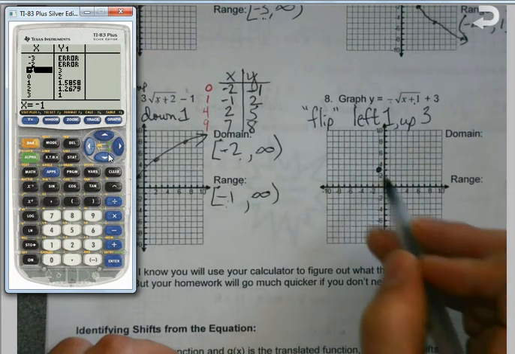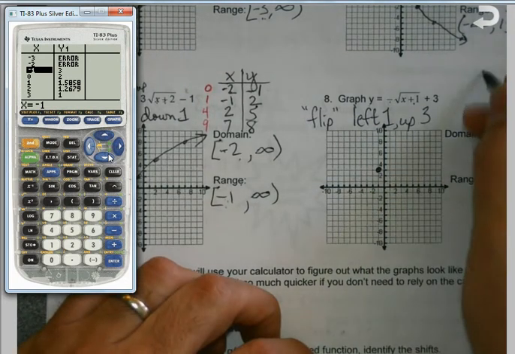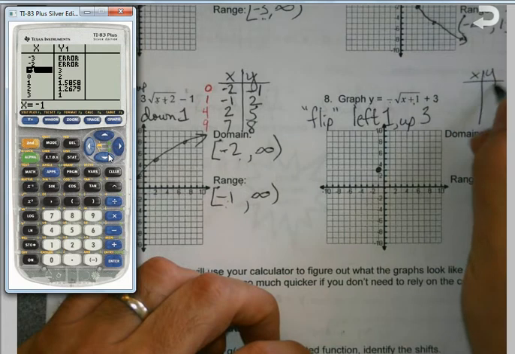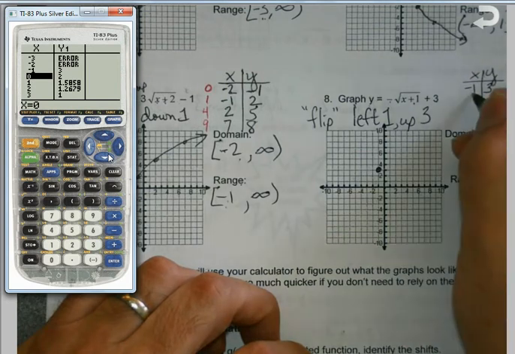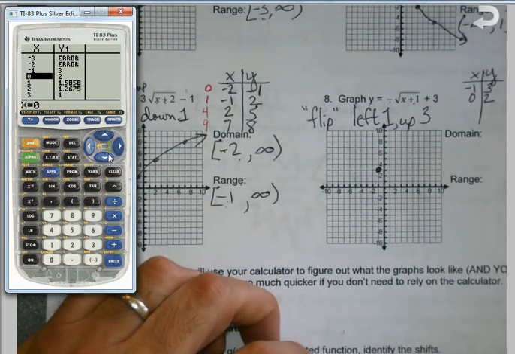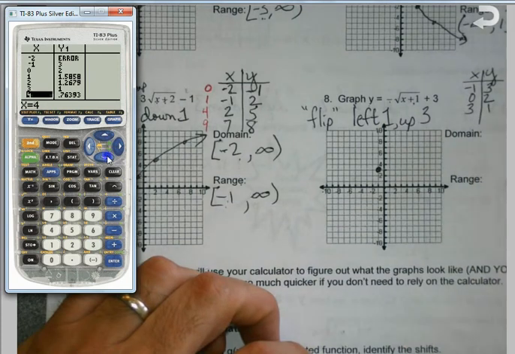So if I know the shifts, I always know where my first point's going to be, okay, before I ever do anything else. And for most of you, the best plan with this is going to be to basically look at the chart once you get it plugged in and just start working your way down and writing down the numbers that come out clean.